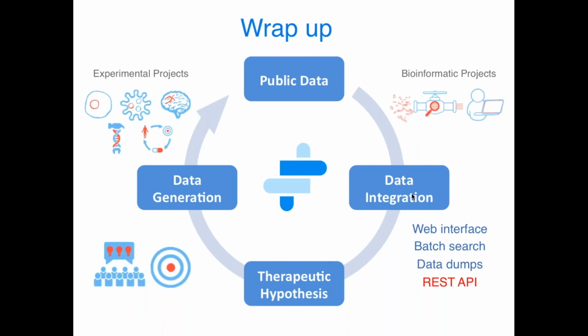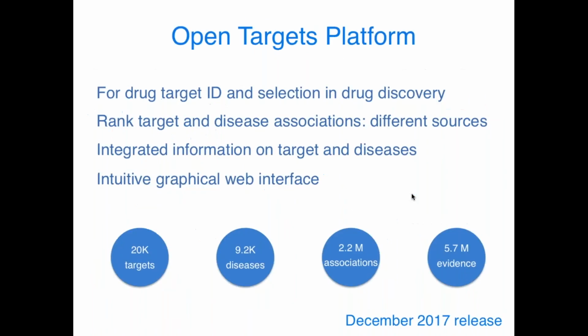We integrate it in our platform for you to access our analysis. So the platform is out there. It is very much in place to allow systematic identification of new drug targets, and also to allow you to select and prioritize targets for your drug discovery journey.